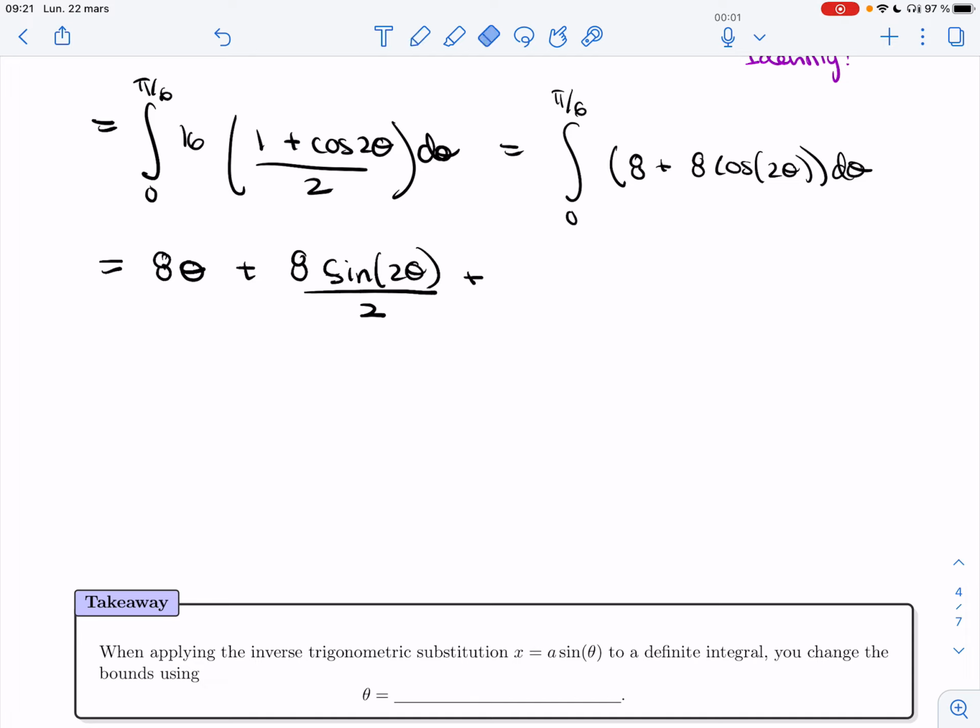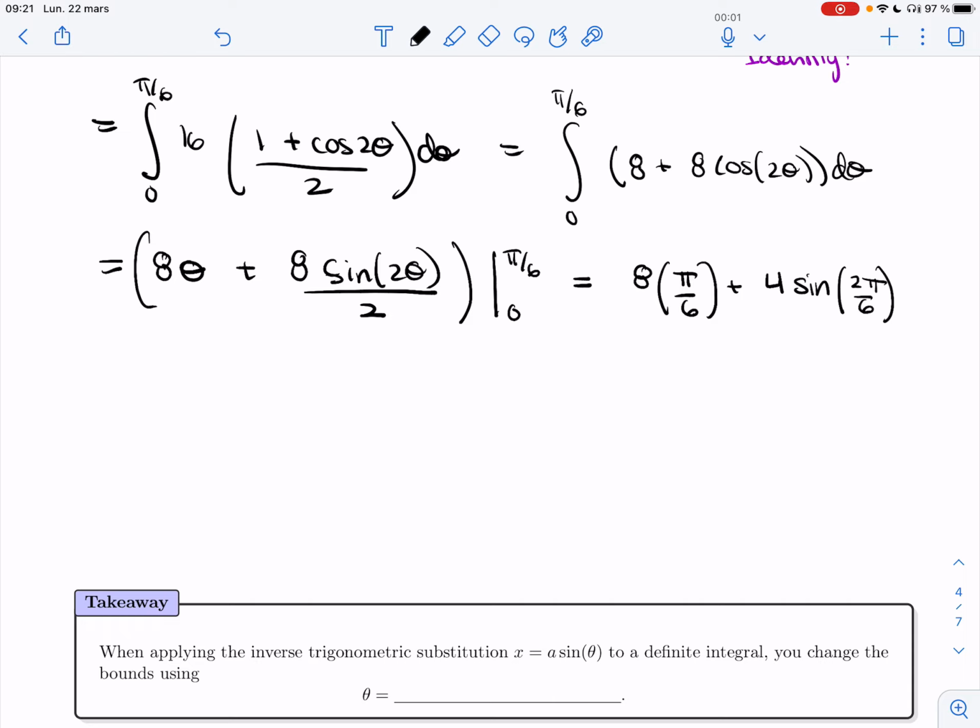I want to put plus c, but here I don't need to because I have bounds, so it's going to be from 0 to pi on 6. So I'm going to plug in pi on 6, and I'm going to subtract what I get when I plug in 0. So I get 8 pi on 6 plus, let's put 4 sine of 2 pi on 6.